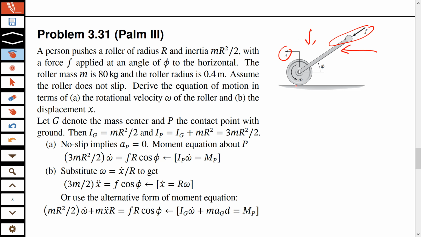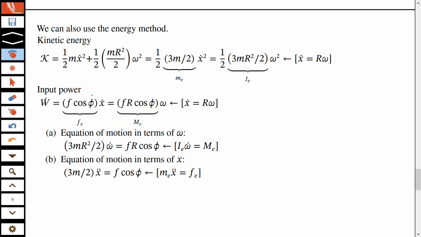The other component is not leading to any motion because it is balanced by the normal force, so it does not lead to power. For power, motion is also necessary, because power is equal to force times velocity. So when velocity is zero, power will also be zero. That's why only this component of force is effective, and that's what we mean by Fe.